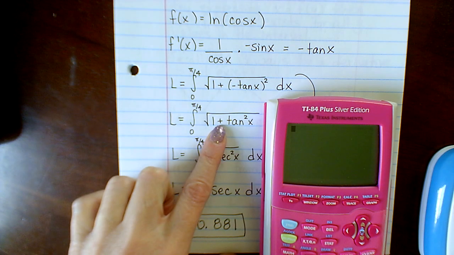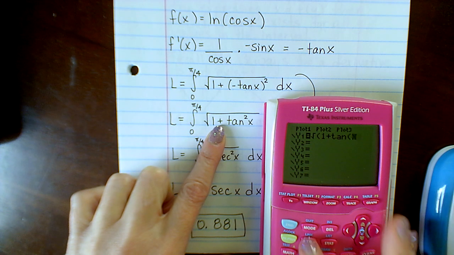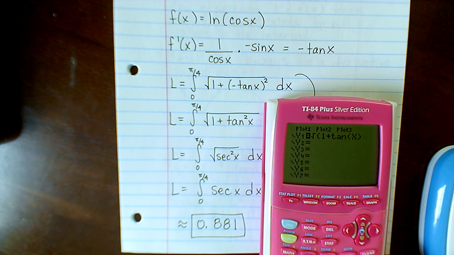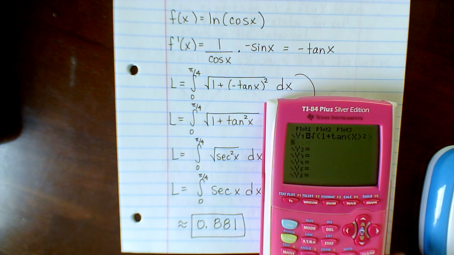So I'll tell you what, I'm going to go with this one because that's the one I feel like you guys would stop with. Y equals the square root of 1 plus tangent x. I want to make sure that it squares. I'm not confident that if I put a squared right there it's going to square that tangent.